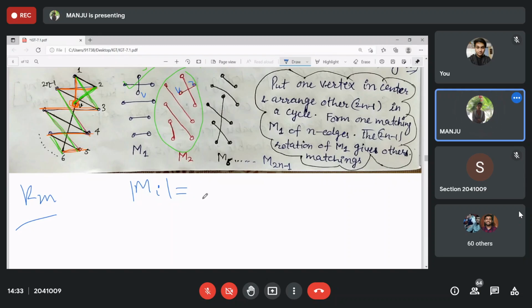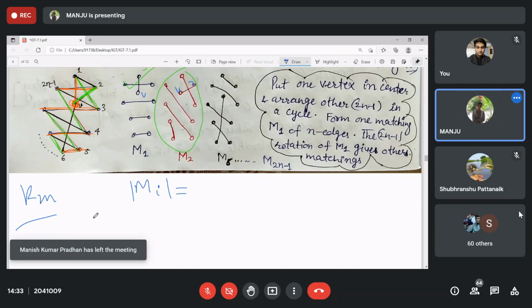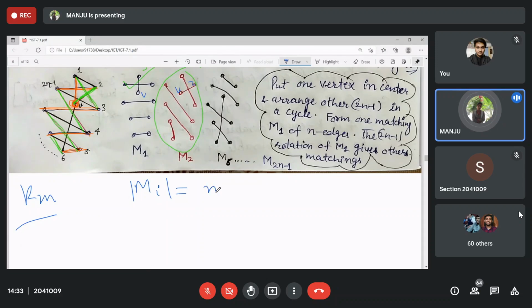In case of K2n, how many edges should be there? N edges, right? This is by 2. See, 2 vertices we are using for one edge. For the next 2 vertices, for the next edge. So each Mi has cardinality n, and i runs from 1 to 2n minus 1. There are 2n minus 1 color classes. So total edges will be n into 2n minus 1.